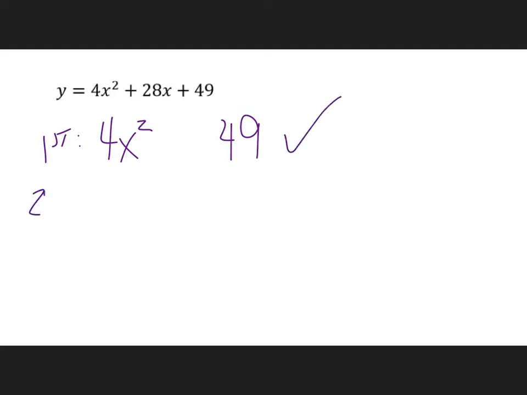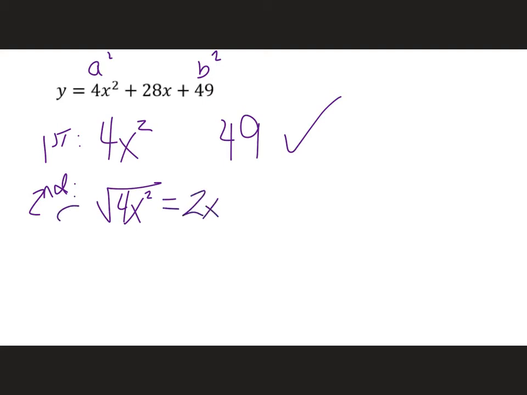The second test says, is the middle term twice the product of A and B? So we need to find A and B. Remember that these represent A squared and B squared if it is a perfect square trinomial. So we would need to find the square root of 4x squared to figure out what was multiplied by itself. The square root of 4x squared would be 2x.